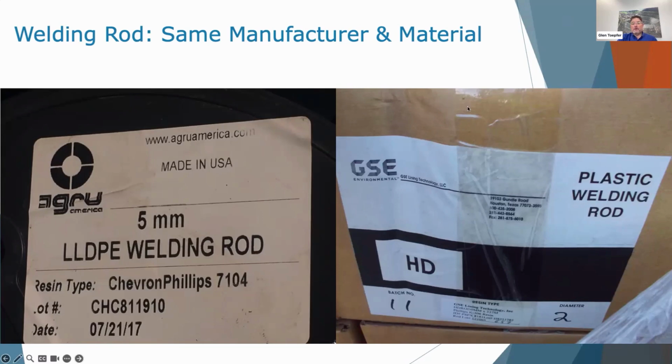If you're using Agru HD rod, maybe it doesn't have the same melting point as the GSE, and that can be problematic. It's going to cause issues with quality welds and long-term performance, which may be unknown.